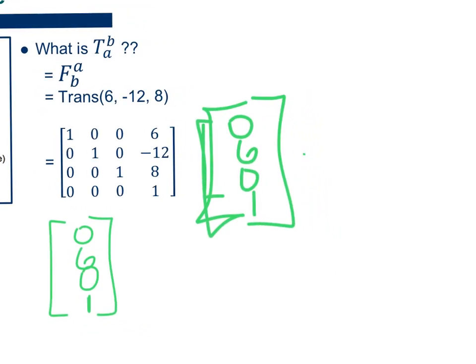And I'm going to multiply these two things together, and what do I get? So I have 0 plus 0 plus 0 plus 6. So we get a 6. And then we have 0 plus 6 plus 0 minus 12. So that's -6.